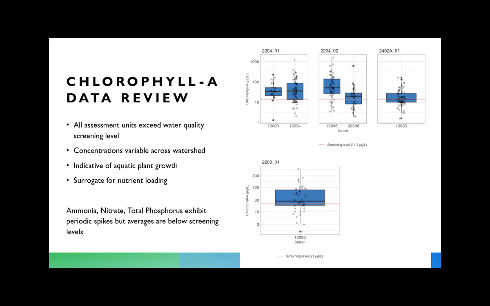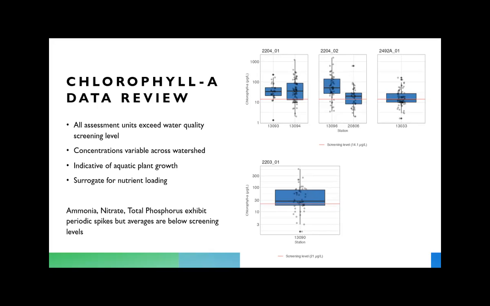In every situation here, chlorophyll A is higher, and obviously nutrients in the water create a cycle of problems.